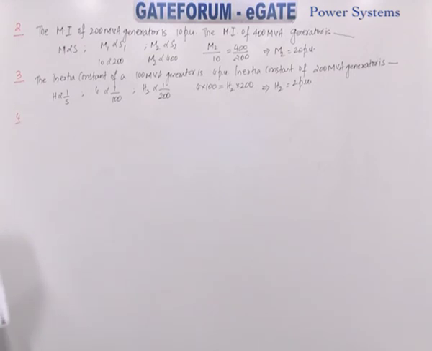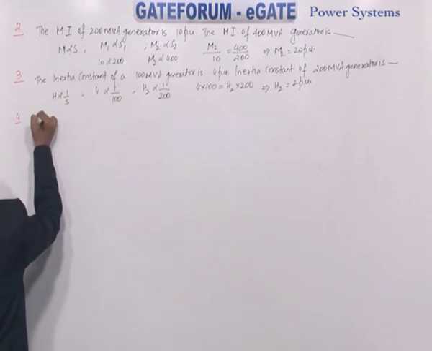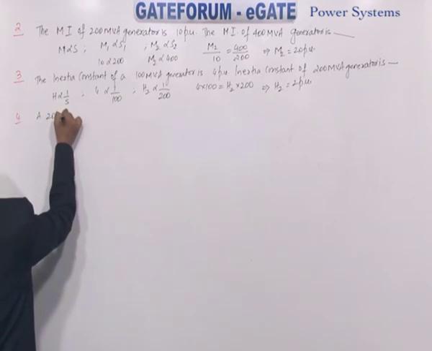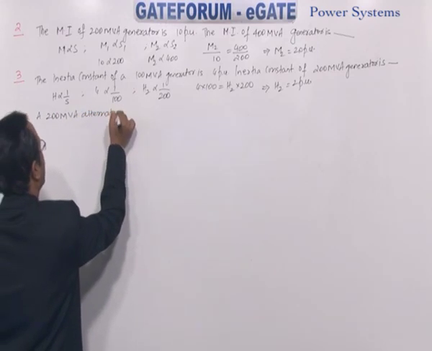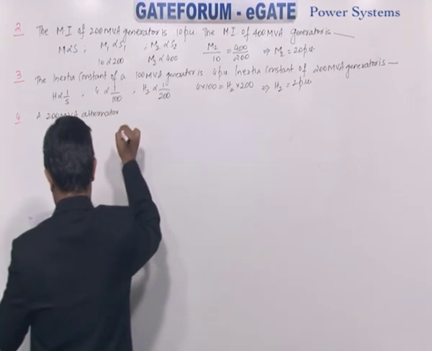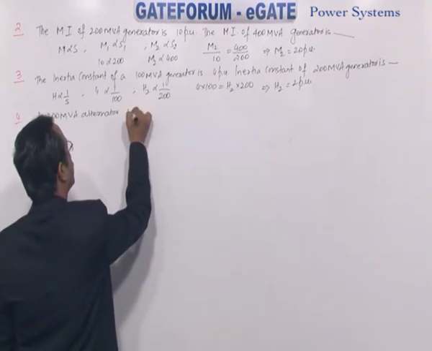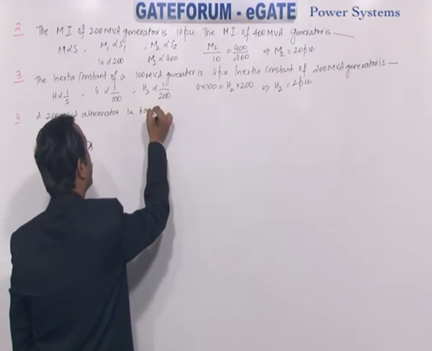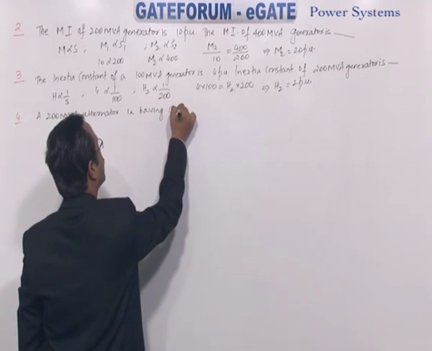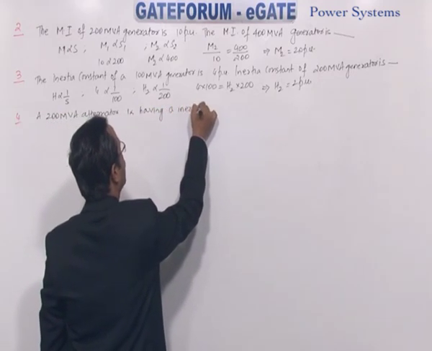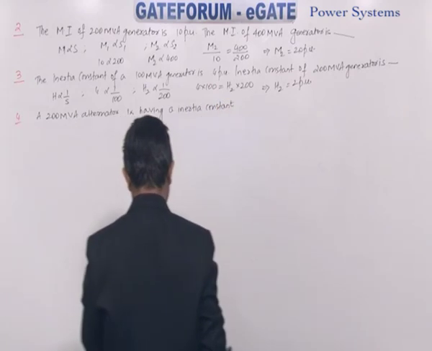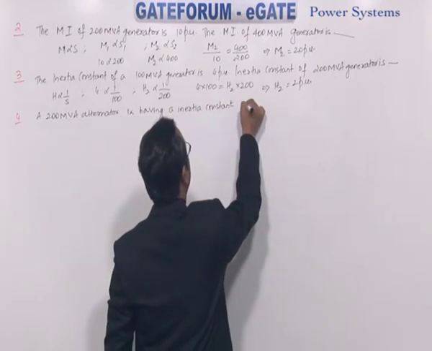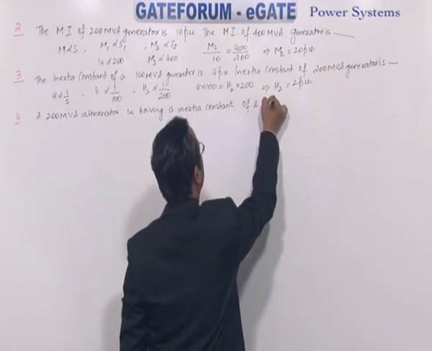Now we solve the next question. A 200 MVA alternator is having an inertia constant of 8 megajoules per MVA.